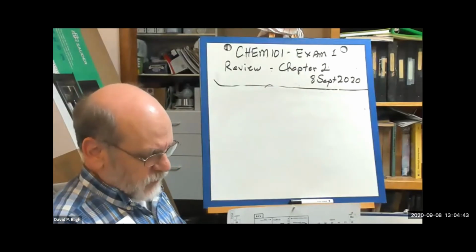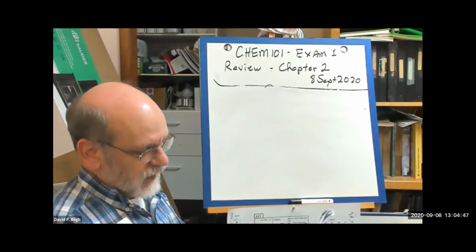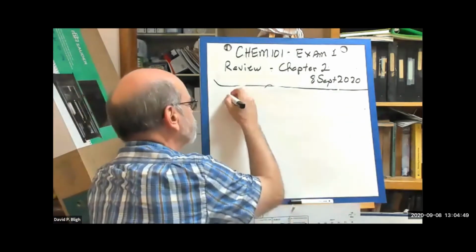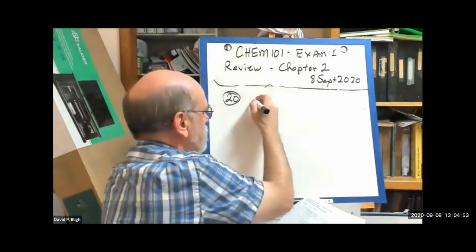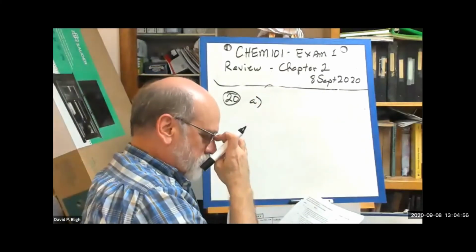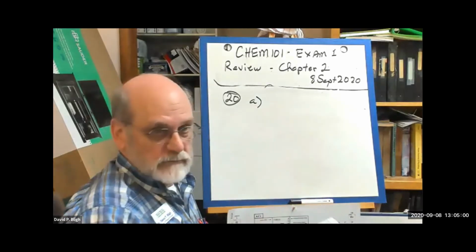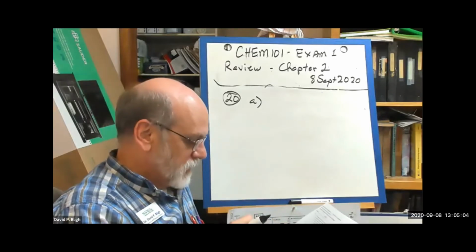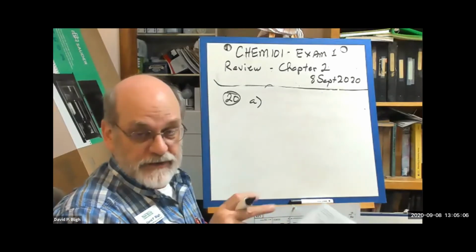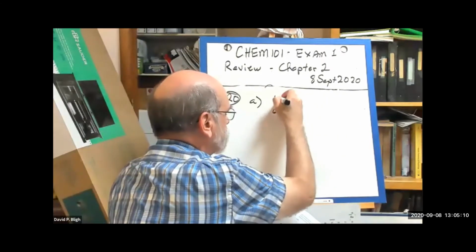Number 20, you can figure that one out. Yeah, maybe we better do that one. It looks tricky. So you're given these isotopes, these atomic symbols with their atomic numbers and mass numbers included. And the question is, which of the following symbols is incorrect? So let's look at this one. Carbon 6, 14.